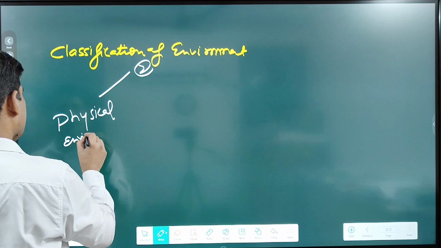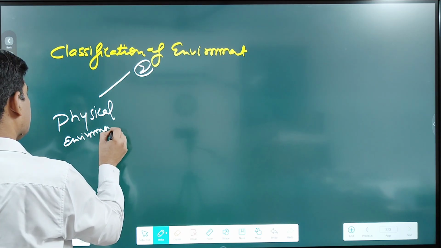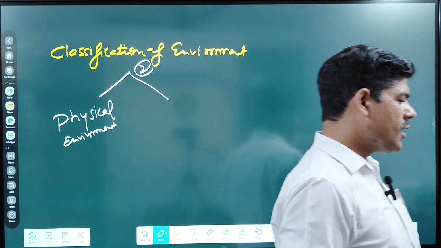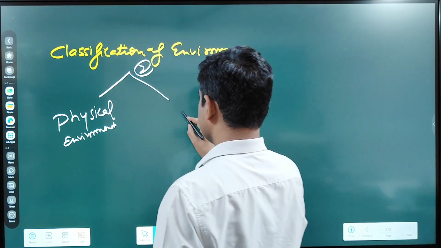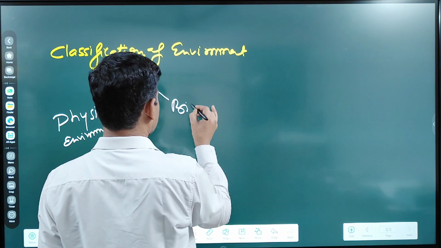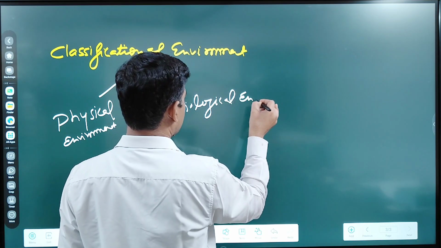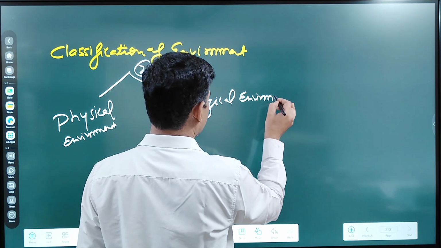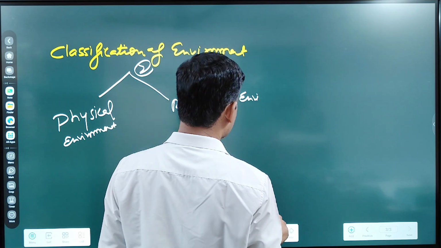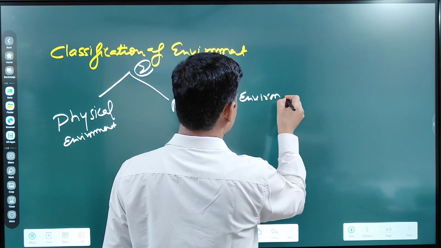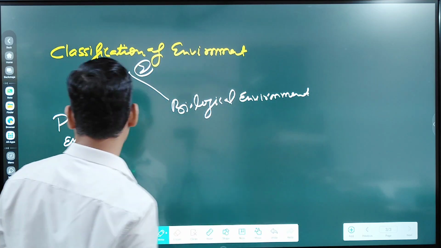Physical environment. Second is biological environment.